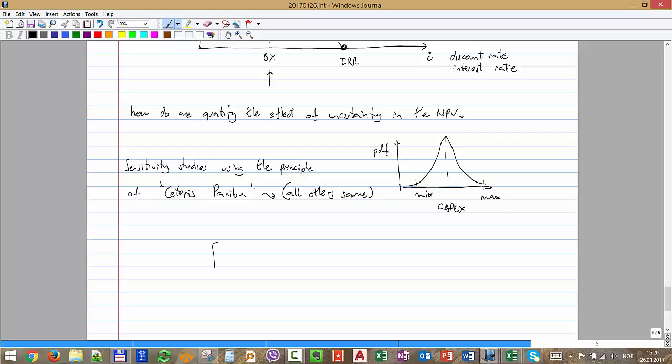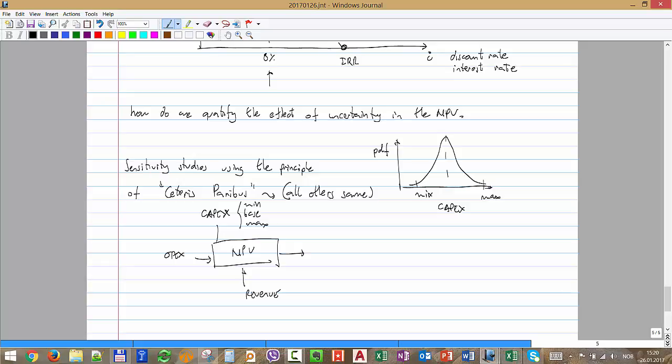So the NPV depends on many things. Let's say it depends on capex, and for capex you have a variation from minimum, a base, and a maximum, and you have OPEX, and you have revenue. So you make a change keeping all the others constant, and you see how your NPV changes.